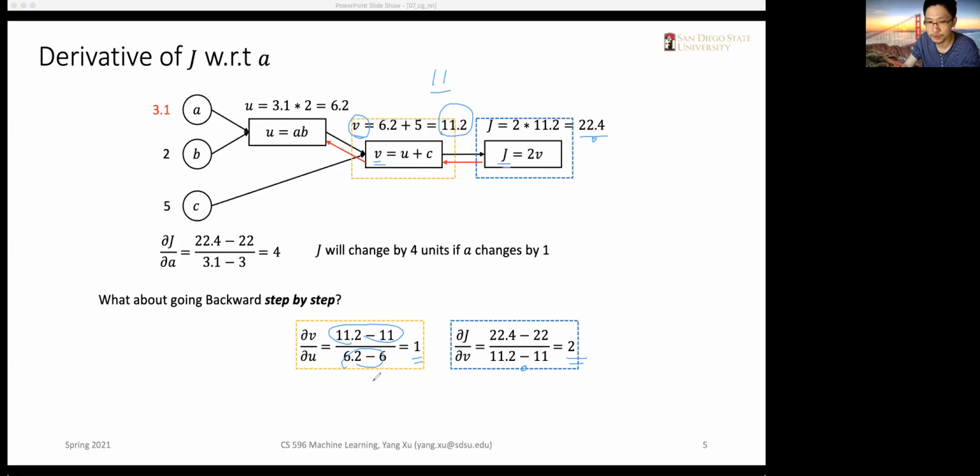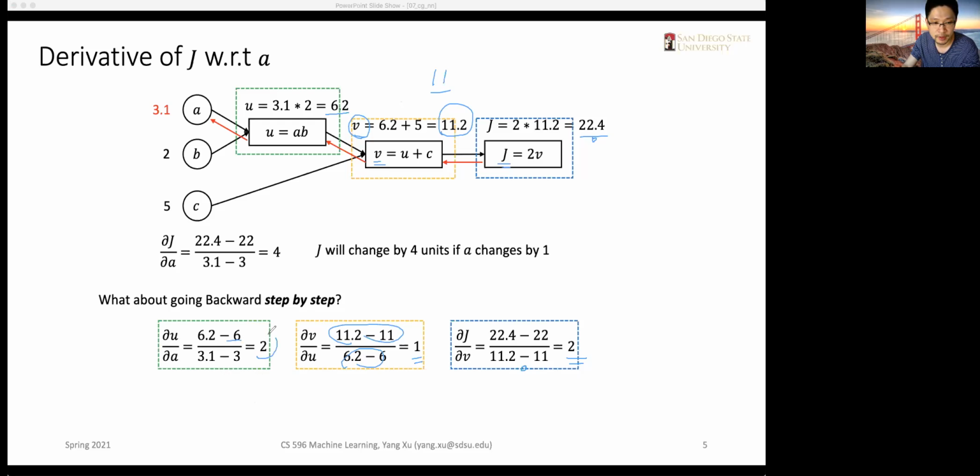Okay, now we have these two quantities. And now let's go back one more step regarding this computation step, from A to U. So the change of U over the change of A is 2, right? Because we use the current value 6.2 minus the old value of 6.